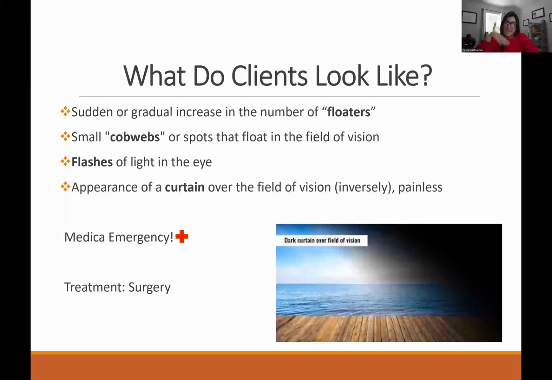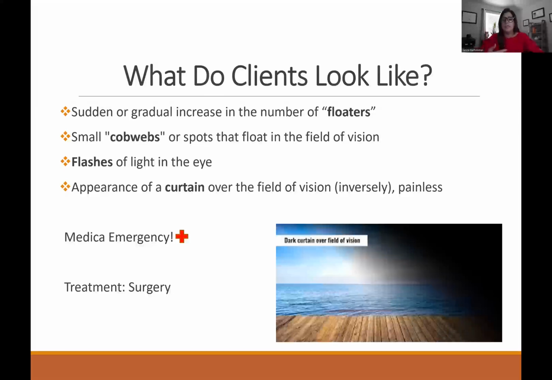And if it detaches completely, you can see almost like a curtain that falls over that field of vision. Now, it's painless, and that curtain is inverted. So if you see it on the top, it happened on the bottom, and vice versa.